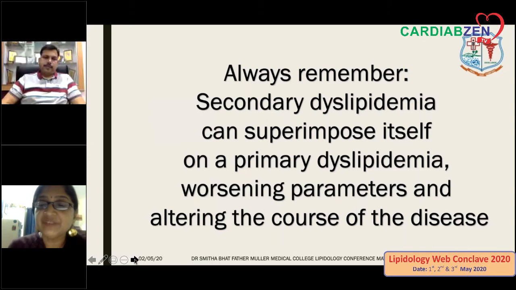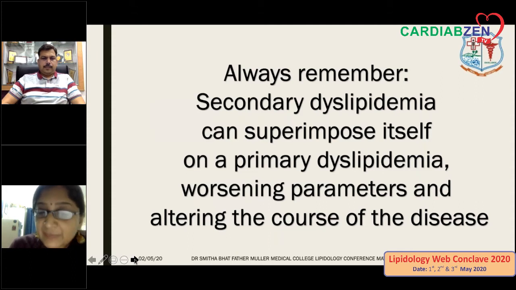And always remember this: just because there is a primary inherited dyslipidemia does not preclude the patient from developing a secondary one. Nothing stops a patient with a polygenic dyslipidemia from developing hypothyroidism or diabetes or another cause of secondary dyslipidemia.